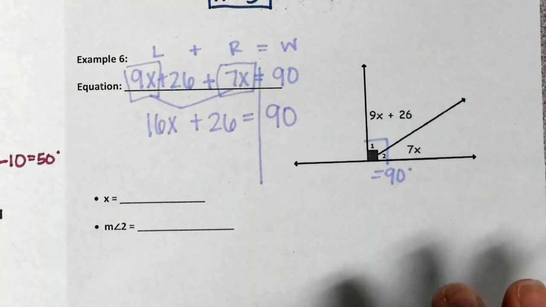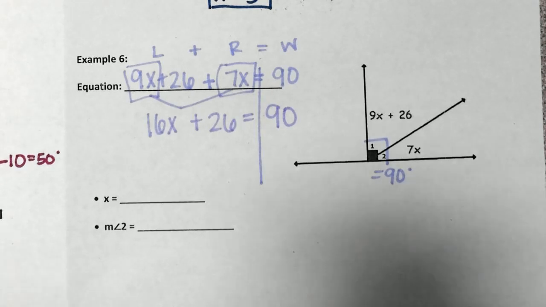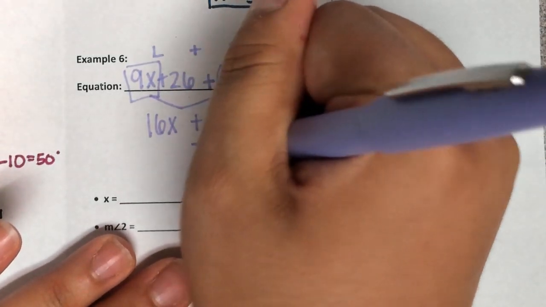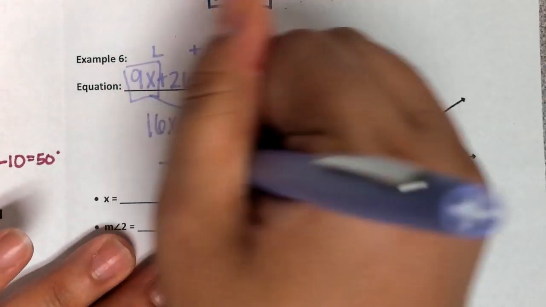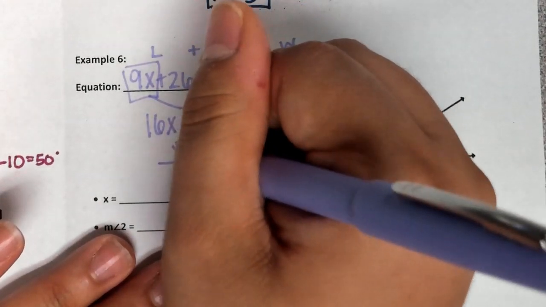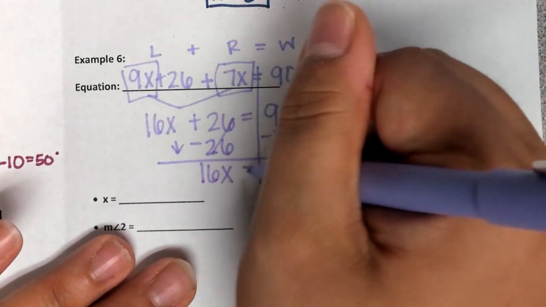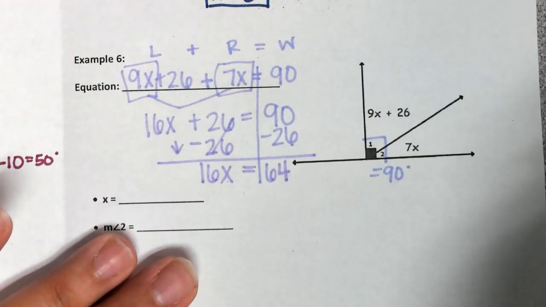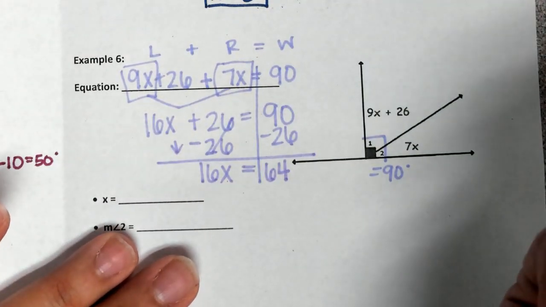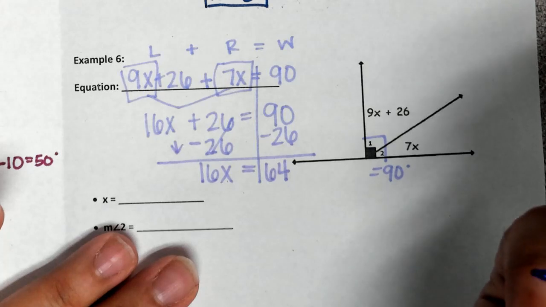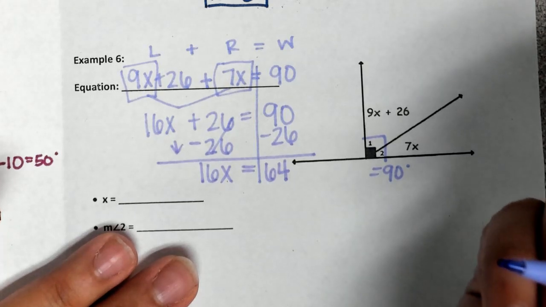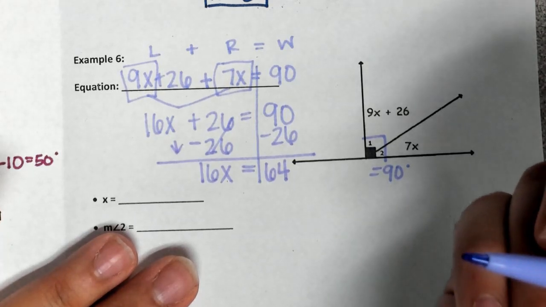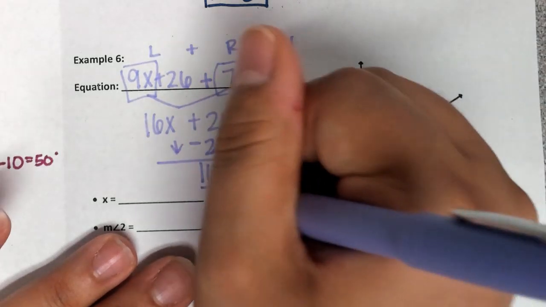And now this is just a side chick problem. Got to get rid of my side chick. Equals what? And then what? Divide by 16.